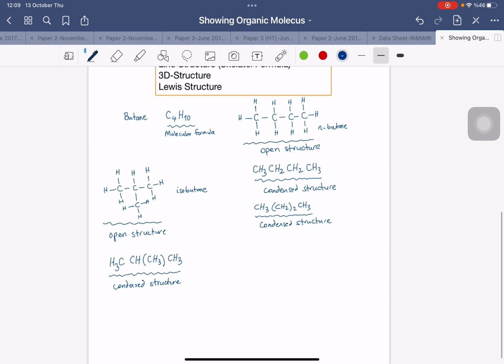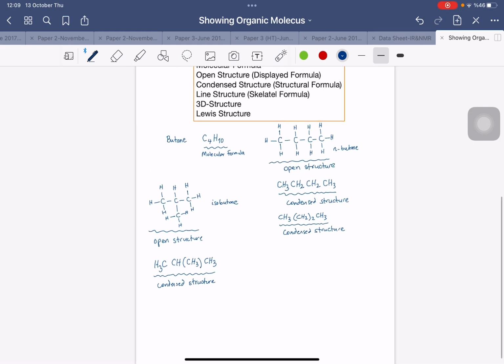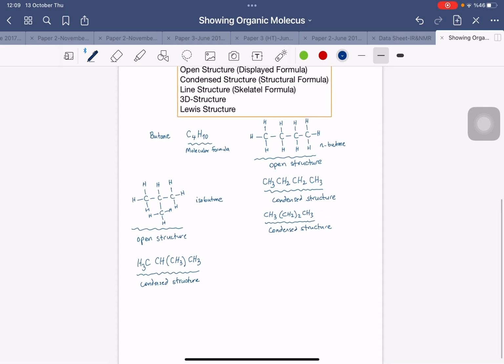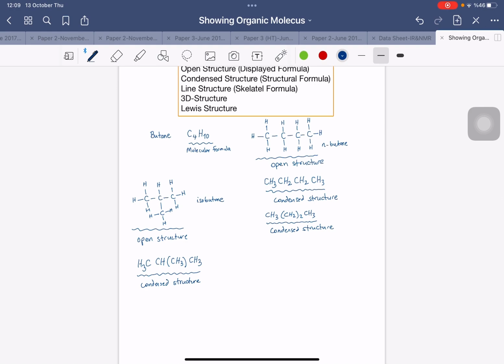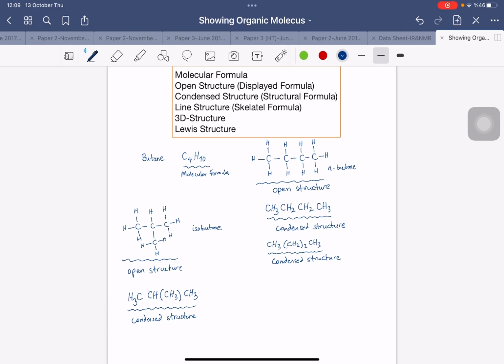Okay, now let's write the line structure. Some may call it skeletal formula of an organic molecule. In line structure, we put a dot for each carbon atom.